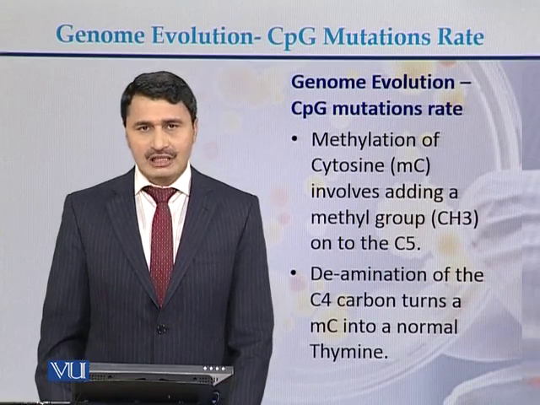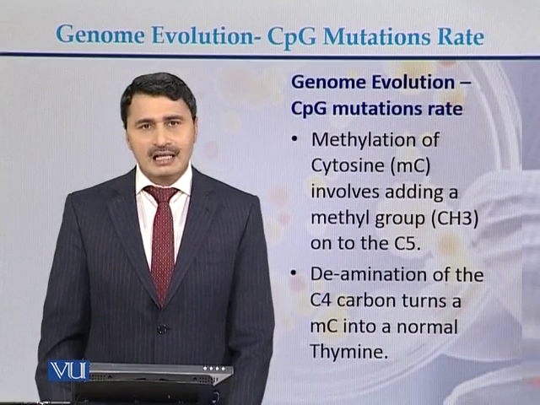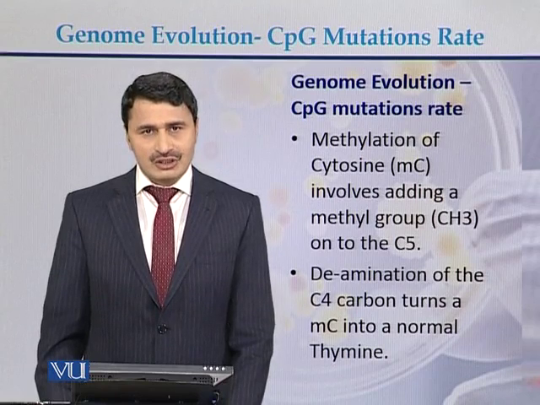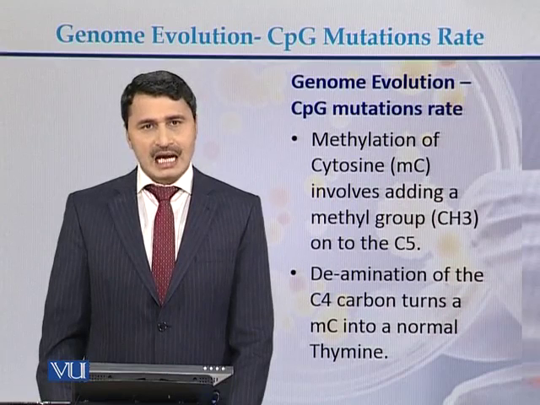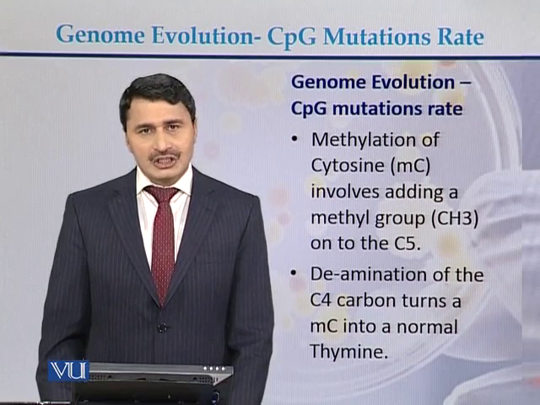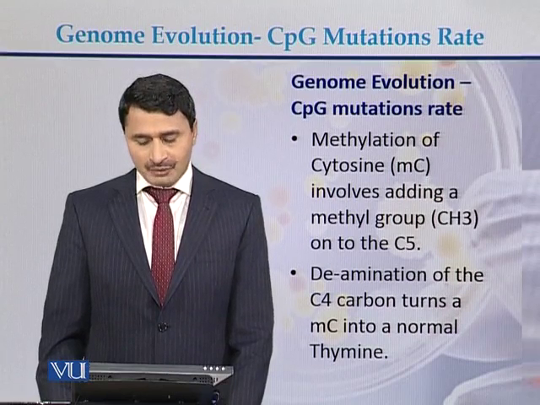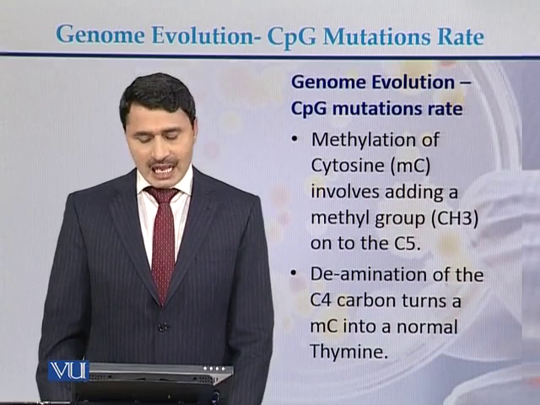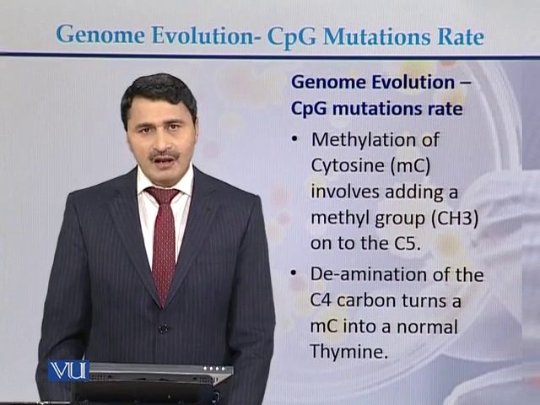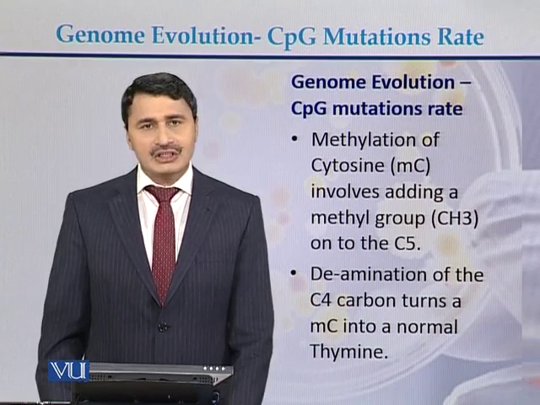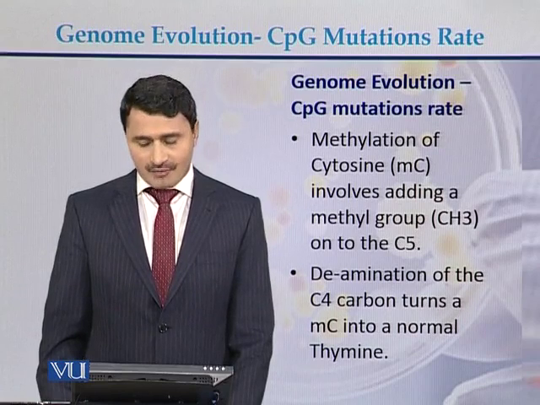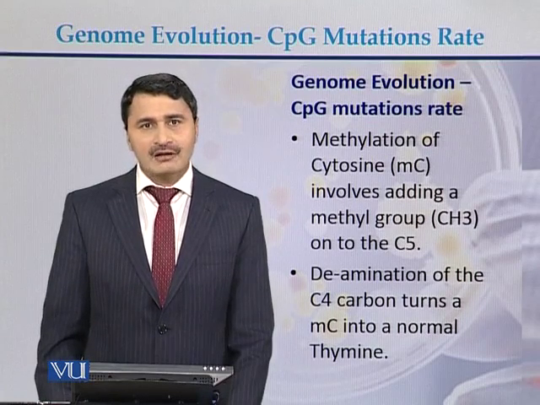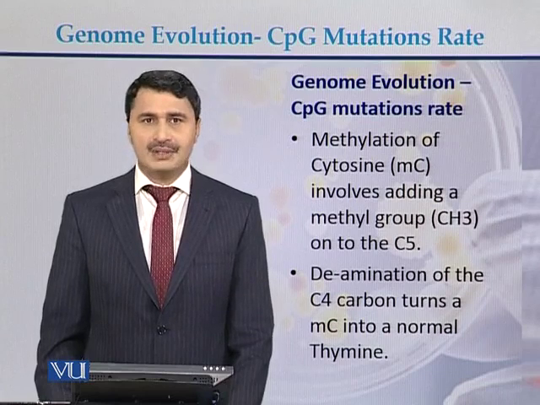So this is the phenomenon of methylated cytosine in CpG islands: methylation is the addition of a methyl group to the cytosine at carbon number 5, while deamination is a process in which the amino group present at carbon number 4 of cytosine is removed, converting it into thymine.